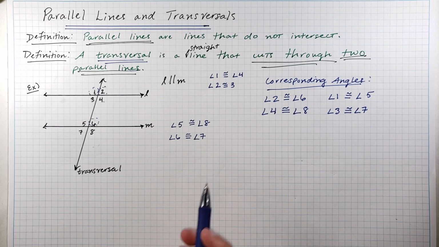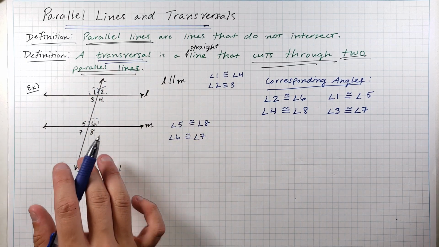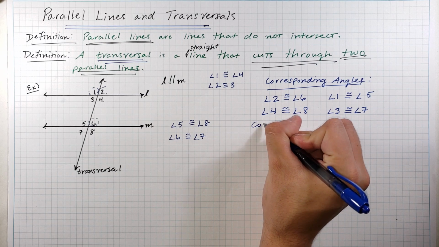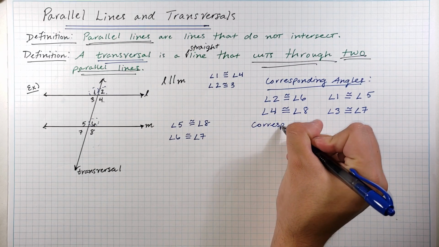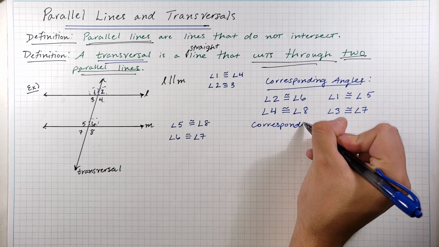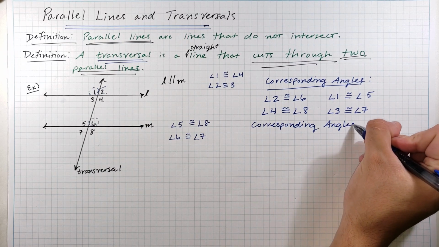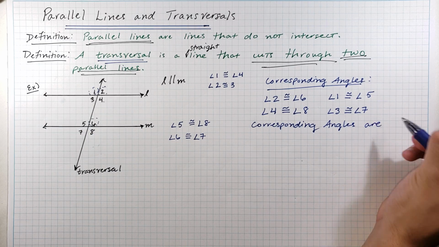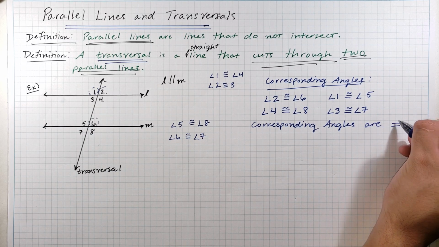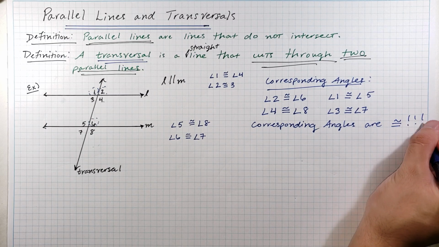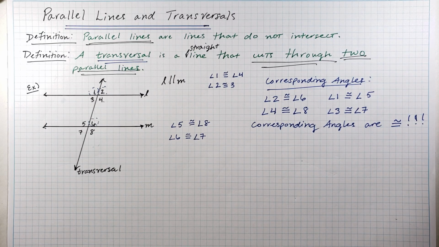All right? And we can make a huge generalization here. We're going to say that corresponding angles are congruent. All right, this is important. It's very useful to have that corresponding angles are congruent.